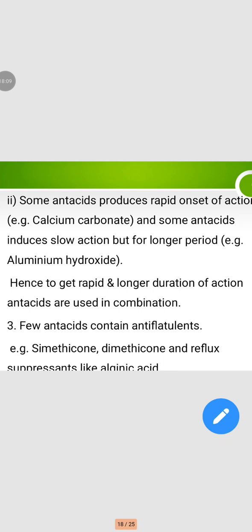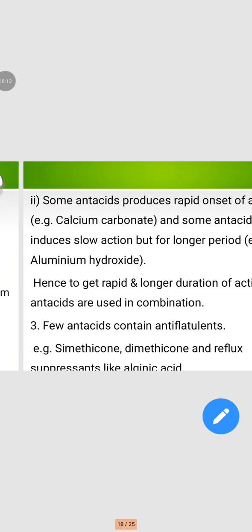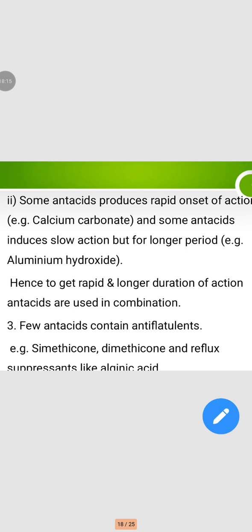The next point is that some antacids produce rapid onset of action, for example calcium carbonate. Some antacids have a slow action but for a longer period, for example aluminum hydroxide.